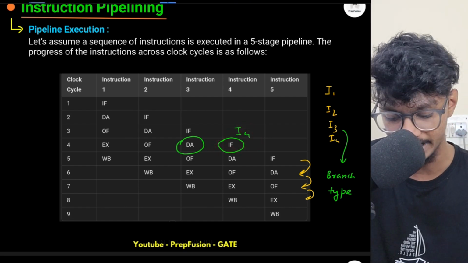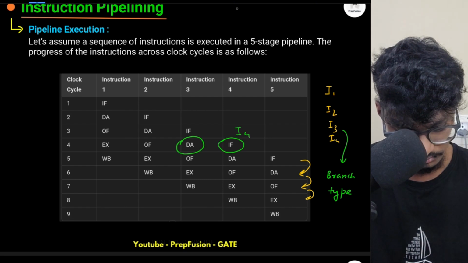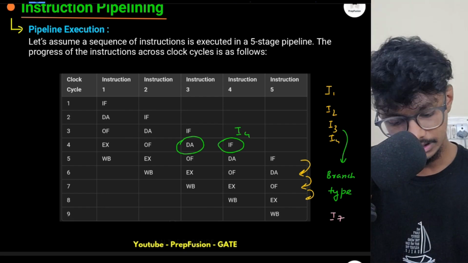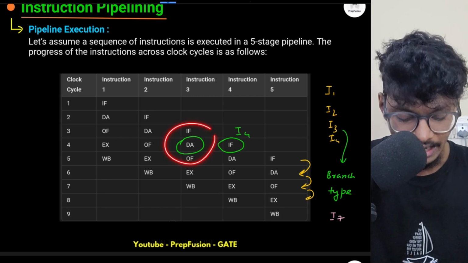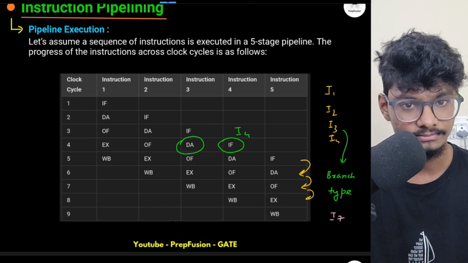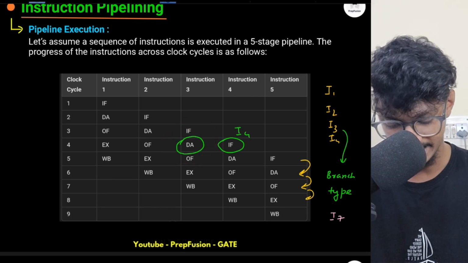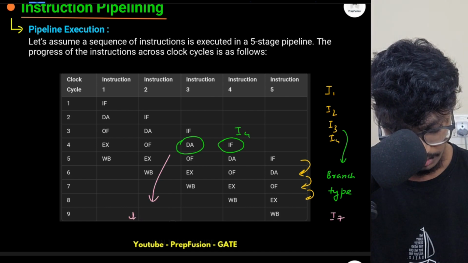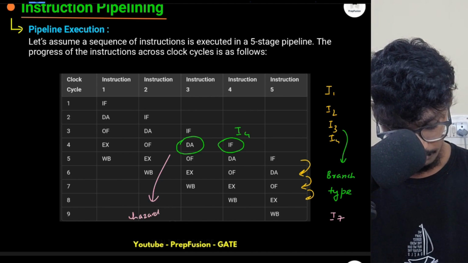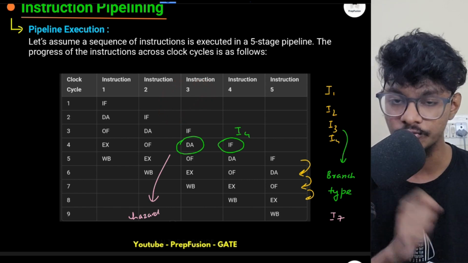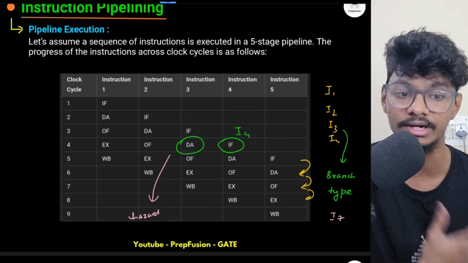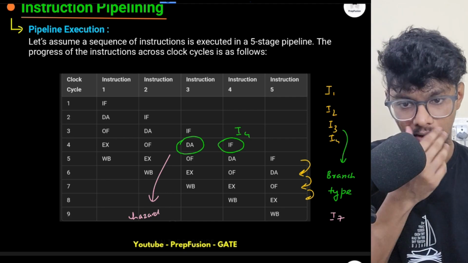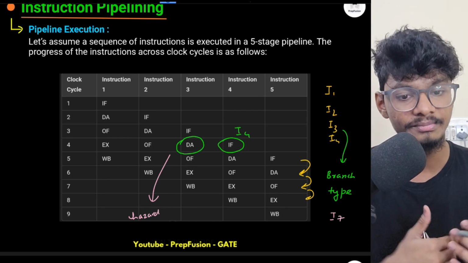Let's say it should branch to I7 if the condition is true. So a hazard has been caused here. Why? Because after I3, I4 is not supposed to go through if some condition is true. There is a conditional branch. So we have to see how we mitigate this hazard.